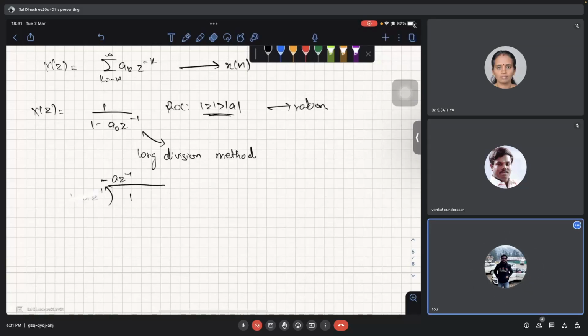Then a z inverse, minus a z to the power minus 2. Sorry, one second. Cancel out.